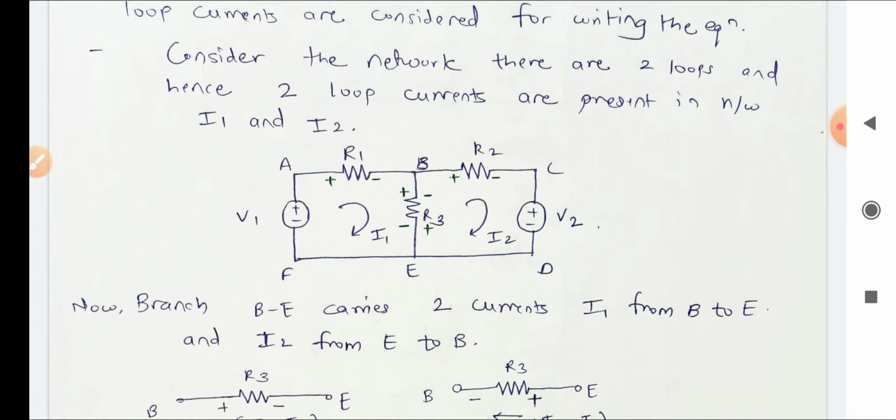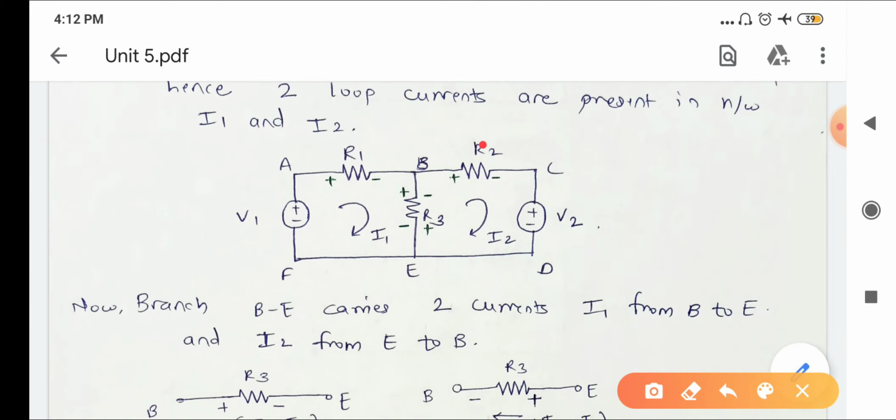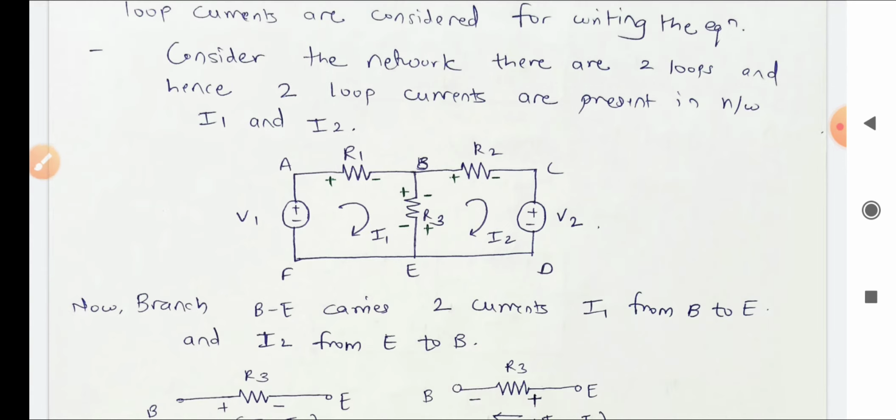While assuming the loop currents, we have to consider loops in such a way that each element of the network is included at least once in some loop. So here R1, R3 and V1 are the elements of loop 1, and R2, V2 and R3 are the elements of loop 2. So these are the two loops.